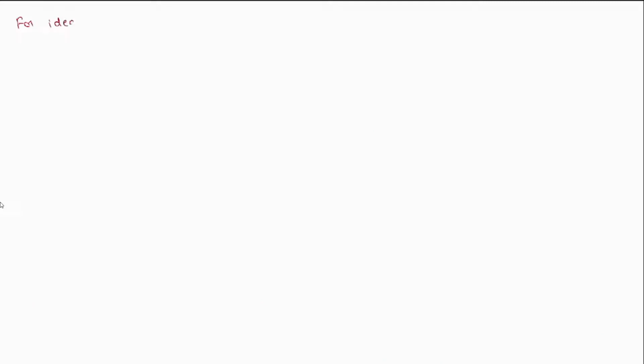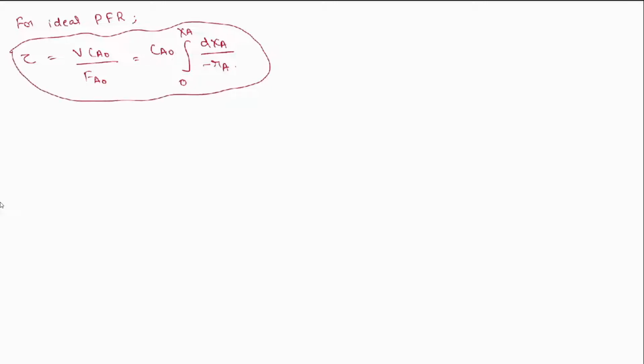So as I said, we can directly start with the design equation for PFR. So the design equation for an ideal PFR, we can write in the following manner. Tau, which is the space-time of the PFR, is equal to V CA0 by FA0, which is equal to CA0 into integral 0 to XA dXA by minus RA. So this is the general equation for PFR, where V here is the volume of the PFR.